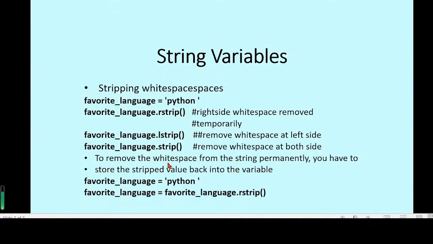To remove the white space from the string permanently, you have to store the stripped value back into the variable. So this is favorite language with a string and a space after it. You can use strip but assign it back to this string variable.